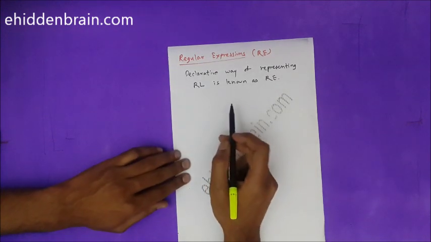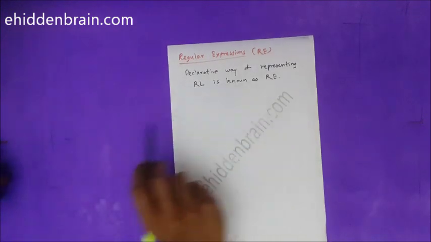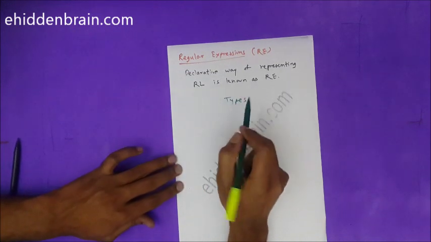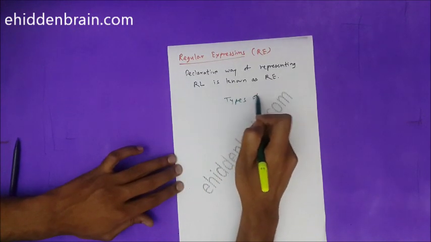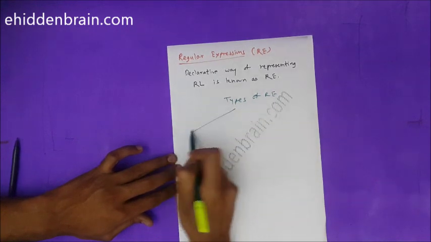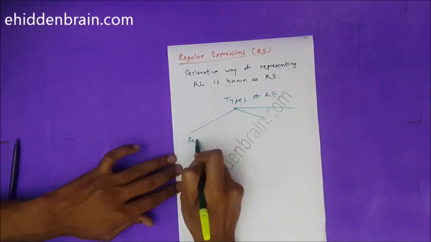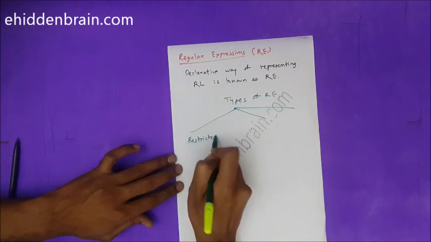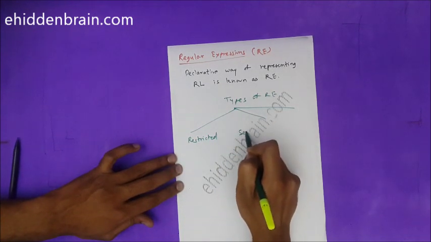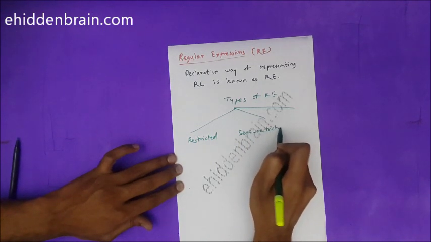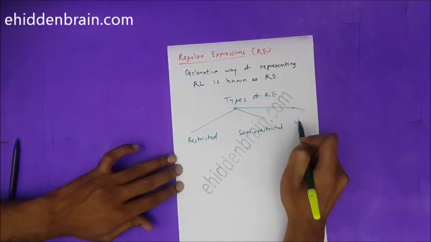Now regular expression will be having some types. So let's see the types of regular expression. There are three types. One is restricted regular expression. Second is semi-restricted. And third is unrestricted.